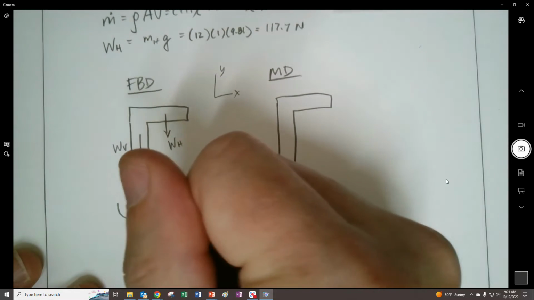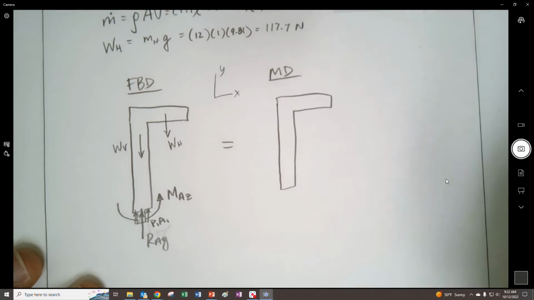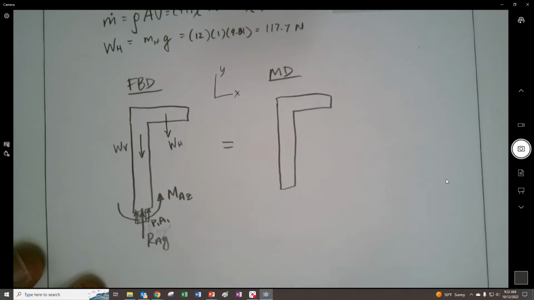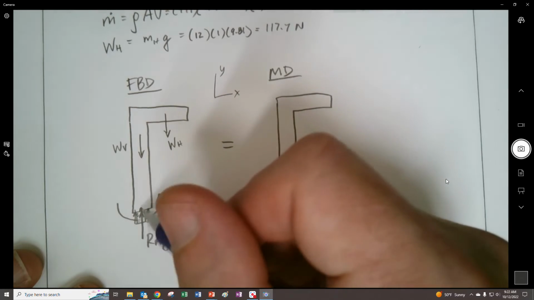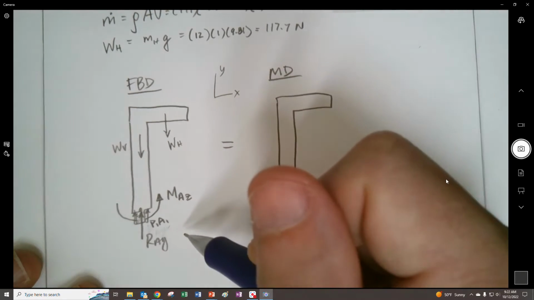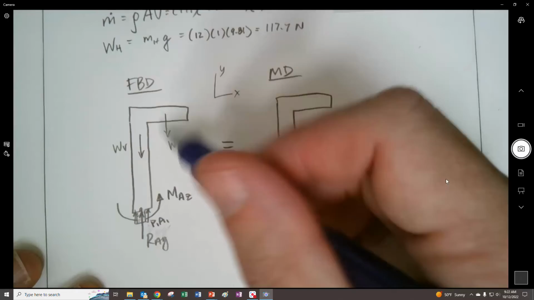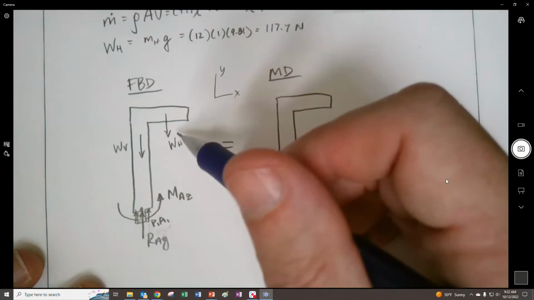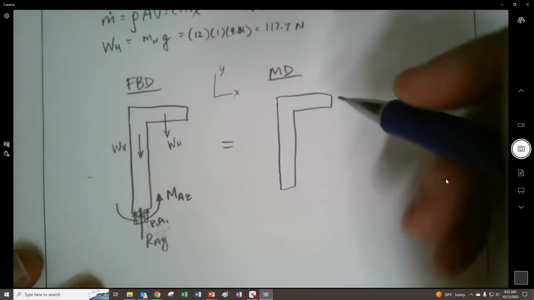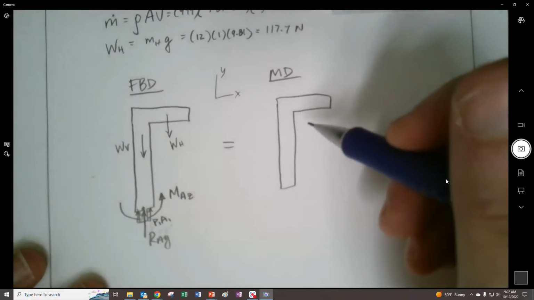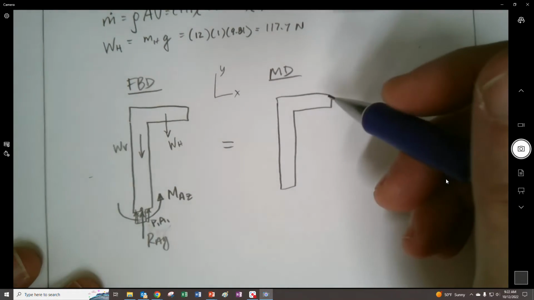I'm going to go P1 times A1, all right? That's not going to matter for us because we're going to take the sum of the moments about this point right there. And so that's going to be passing through the point about which we're taking it. But I think it's a really good idea when you're making an FBD that you are inclusive of all the forces that are taking place, because you could get burned later on in life when you go to make something much more complicated.